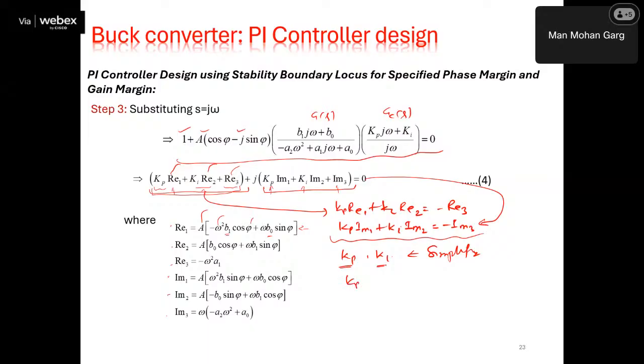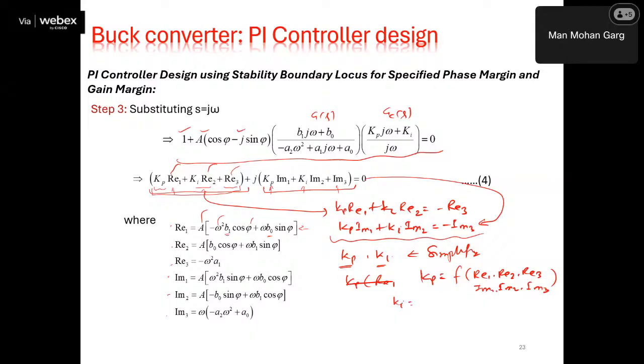So this Kp will be a function of Re1, Re2, Re3, and Im1, Im2, Im3.